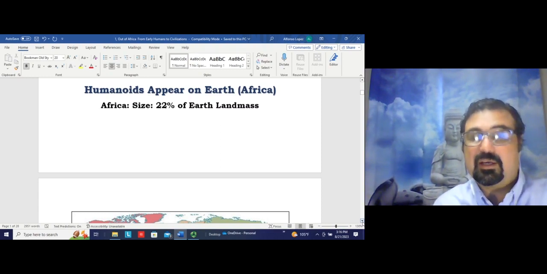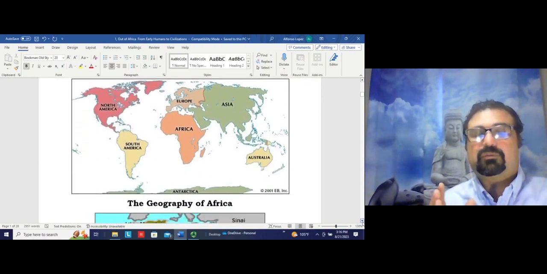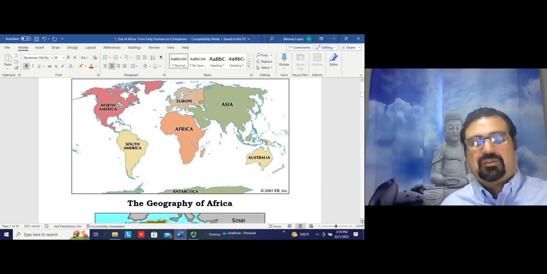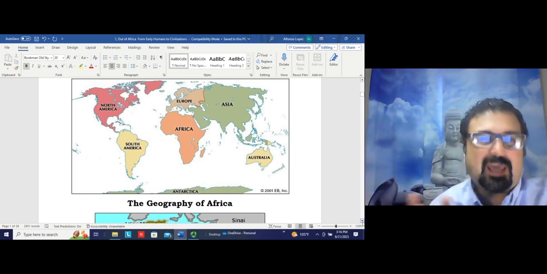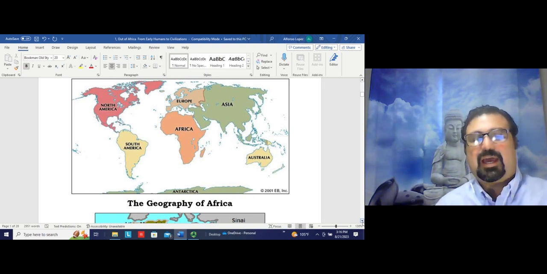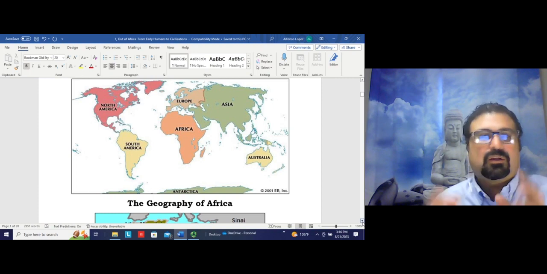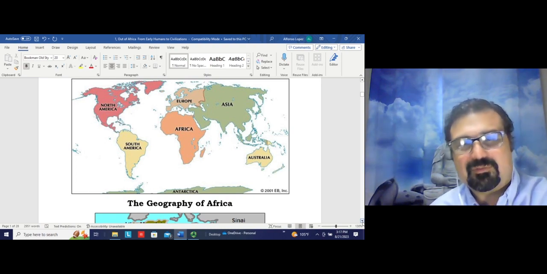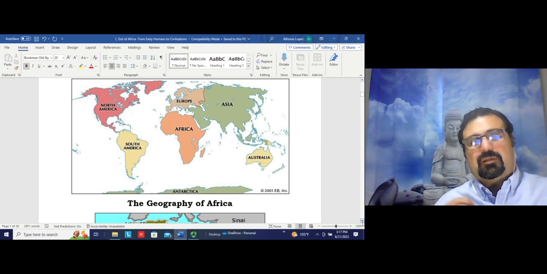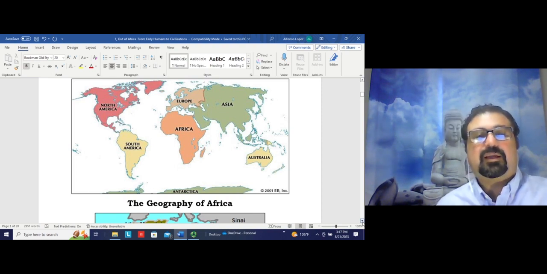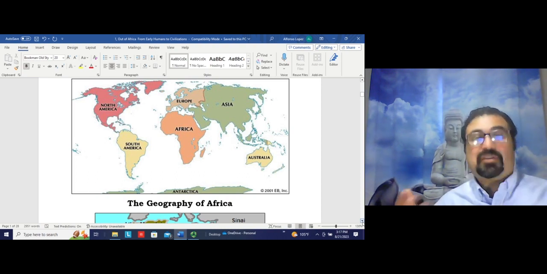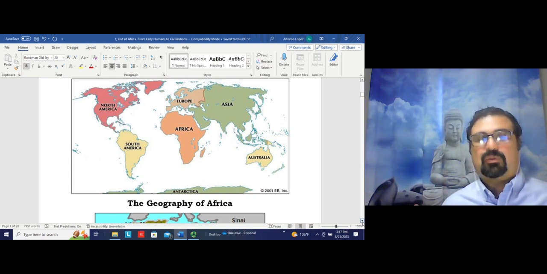Just to give you an idea, we're talking about a gigantic landmass, which today you can envision as a landmass that can include, for example, the United States, Western Europe, mainland China, the subcontinent of India, and New Zealand, all in one, if you will. Imagine, this is a very extensive territory.